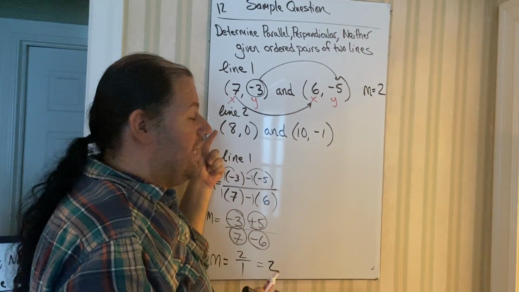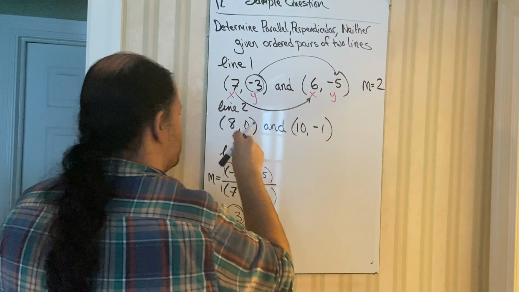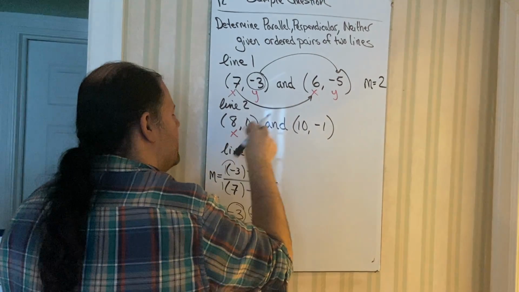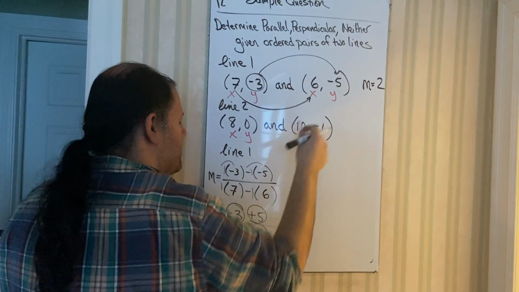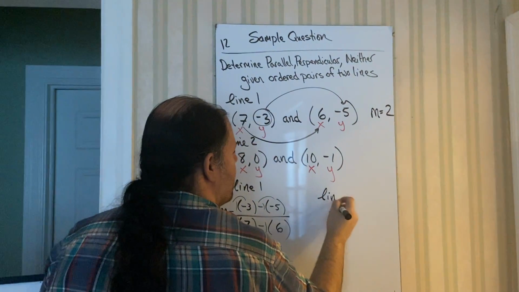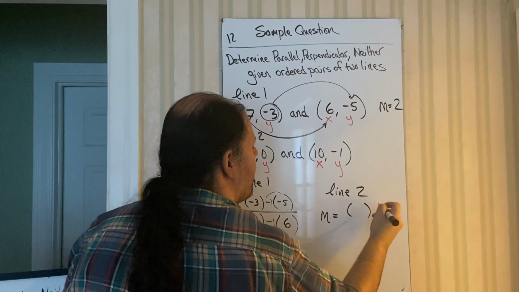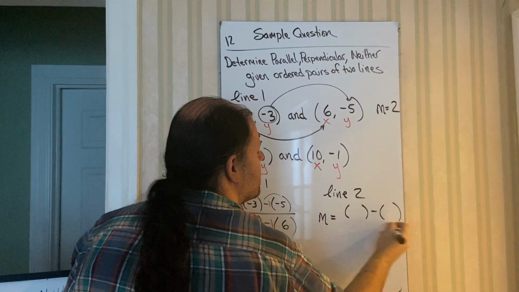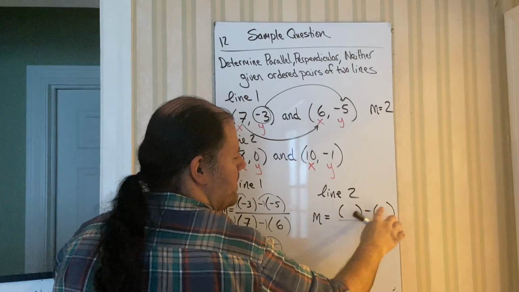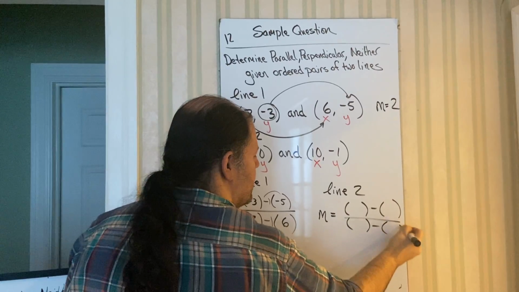Now we're going to repeat that same thing that we did for line 1 for this line. Make sure you know what your x's and y's are. Each ordered pair has an x and a y. You know we're going to have our bare bones formula. Make sure the bare bones formula is parentheses minus parentheses. Same thing on the bottom, parentheses minus parentheses.